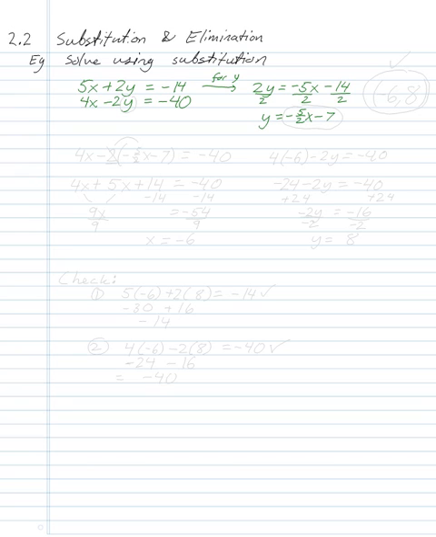And what I'm going to do with that is replace y in the other equation with what y is known to be equal to. So this is step 2, the substitution part of the substitution method. My new equation is going to be 4x minus 2 times this quantity, negative 5 over 2 x minus 7, equals negative 40.